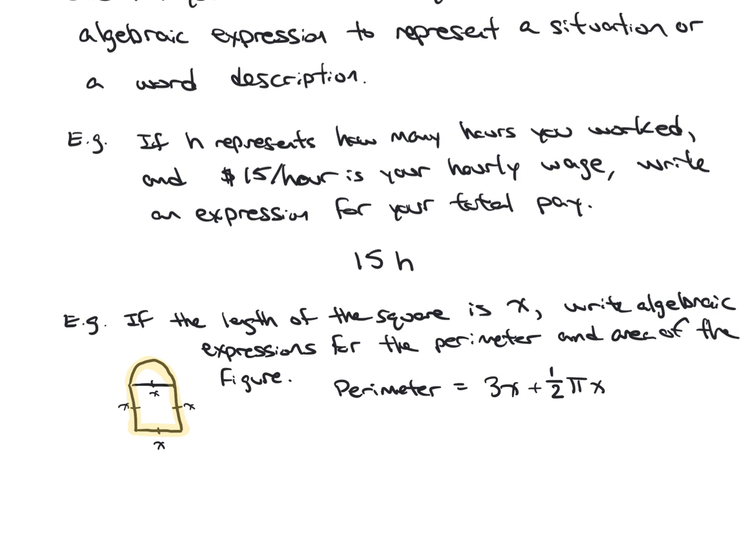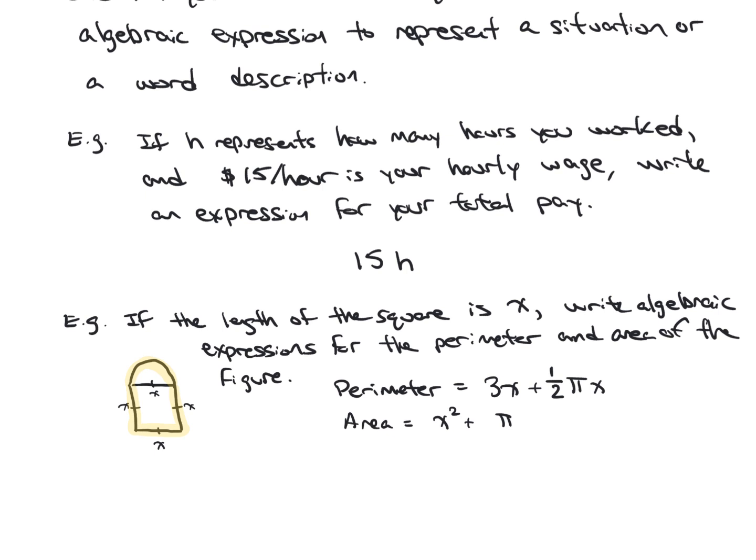Okay, and then if we do area, area is the space inside the shape. So the area of a square is length times width, or in this case it's x times x, but x times x is represented as x squared. And we have to add it to the area of the half a circle. So I don't know if you remember from geometry, but the area of a full circle is pi times the radius squared.